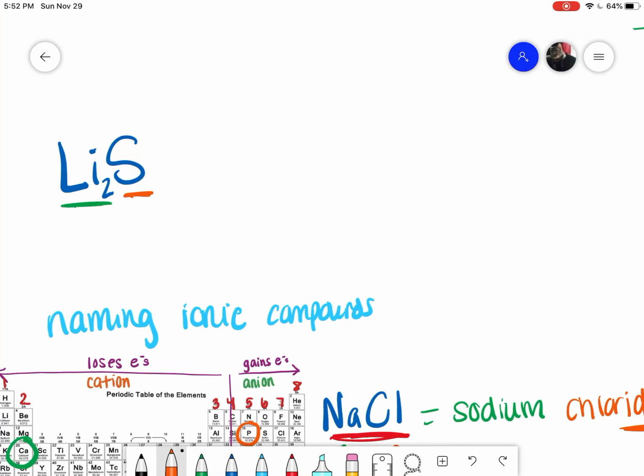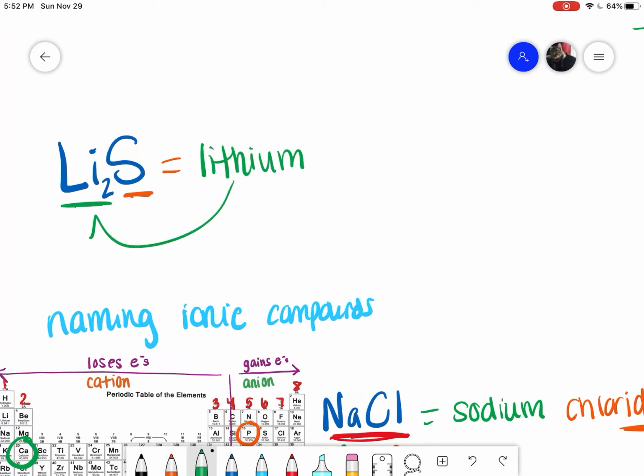And so the name of that will be lithium because that is our first element, and S is sulfur. But with the IDE ending, it's going to be sulfide. So our name of Li2S is lithium sulfide.